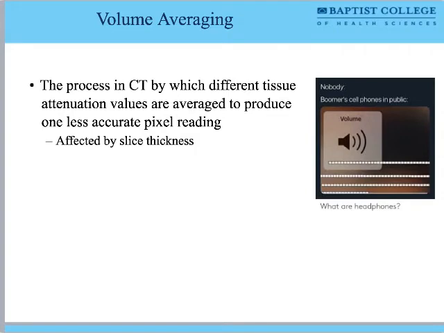Generally I'm using volume in reference to the patient's body. What is the volume that we're interested in scanning? What area on the patient's body are we committing to make slices of? What is the area of interest? We even have things like a VOI, a volume of interest, that we're going to define.